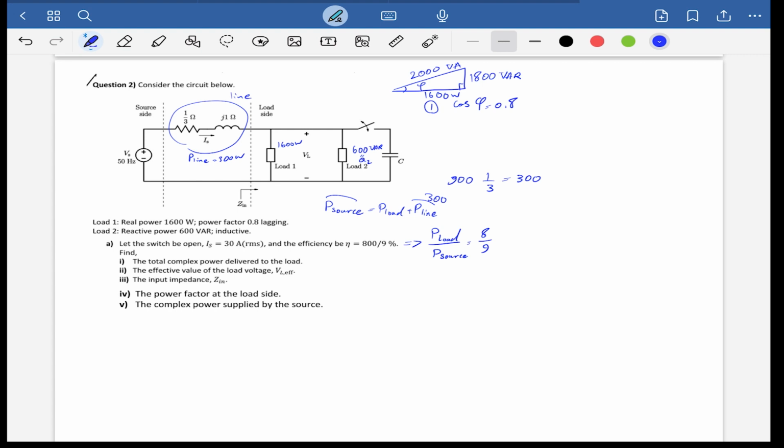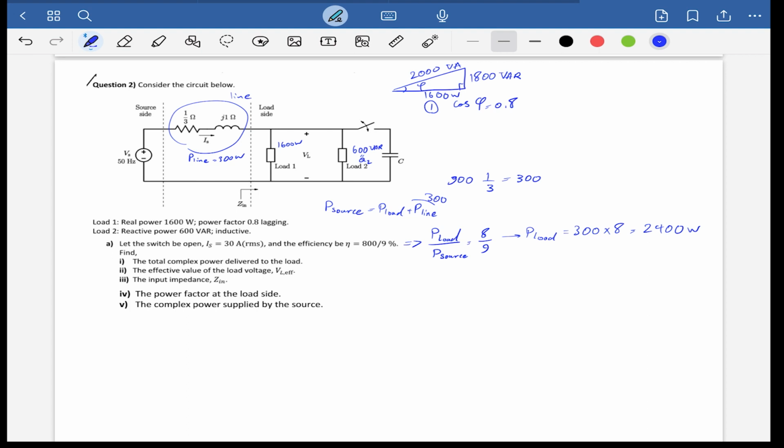If this is 300, then what can we say about the P source? Well, from the efficiency, we know that 300 will be 1/9 of the overall P of source. So in order to find the P load, we should multiply it by 8. So 300 times 8 will be 2400 watts.